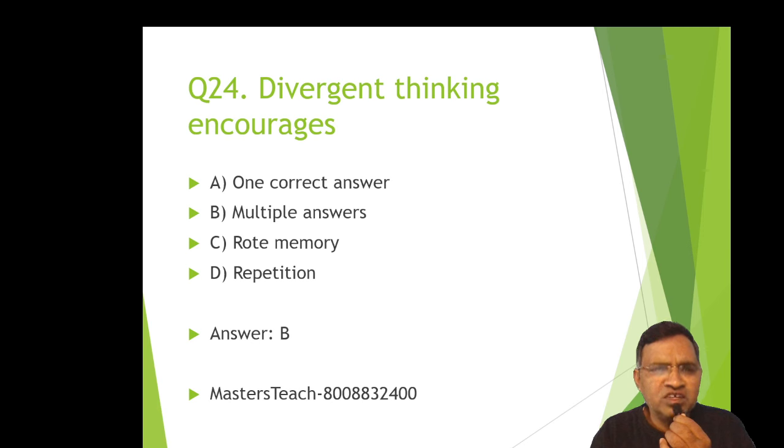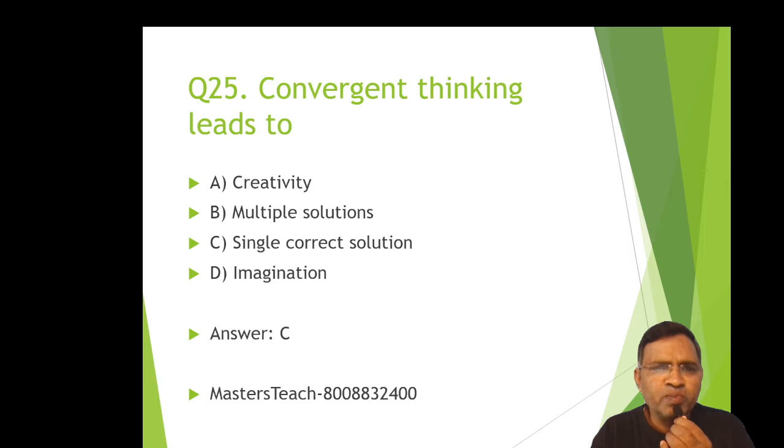Divergent thinking encourages A, one correct answer, B, multiple answers, C, rote memory, D, repetition. The answer is multiple answers. Convergent thinking leads to A, creativity, B, multiple solutions, C, single correct solution, D, imagination. The answer is convergent thinking leads to single correct solution, not like divergent thinking.